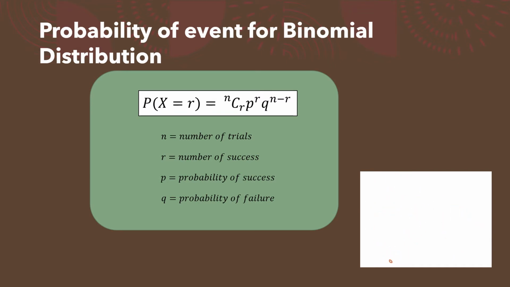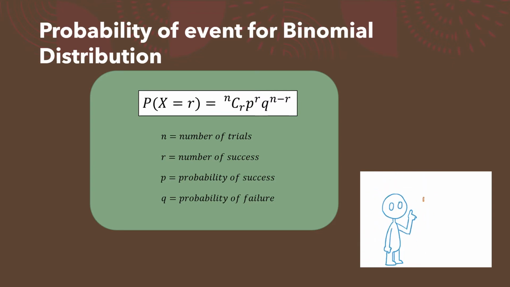If we want to know the probability of getting 2 heads, the number of successes must be r = 2, because we want to know if we get 2 heads. The probability of success, if we toss a fair coin, should be 1/2, and the probability of failure is also 1/2, because 1 minus 1/2 gives 1/2.